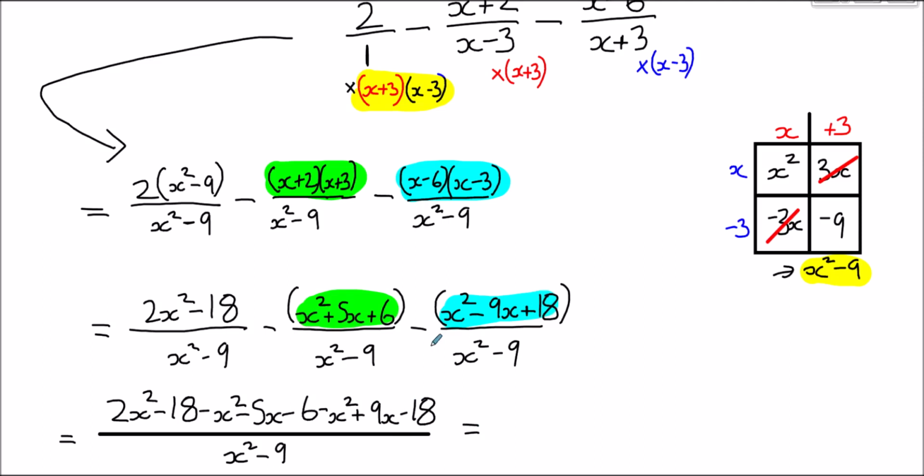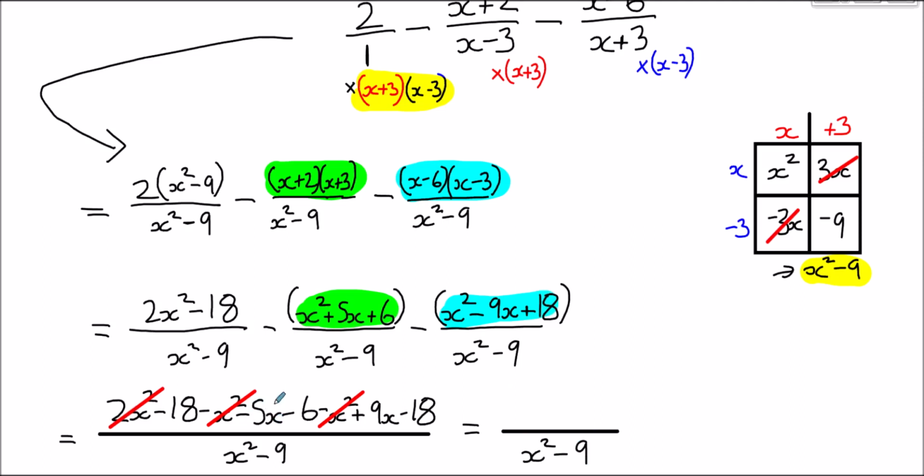Now here what we can do is do some simplifying and cancelling. These two x squareds here, just so happens we're taking away one of the x squareds here and the other one there. So that's going to completely cancel off with the x squareds. The rest of it is just simplifying out. So the bottom of the fraction we can leave as x squared minus 9 because the question gives it to us in that form. And over here, let's see how many x's we have overall.